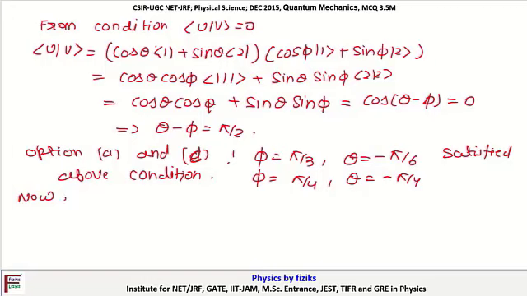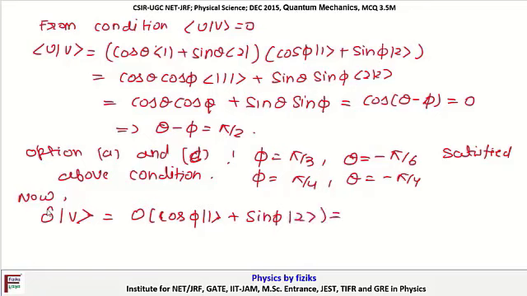Now the expectation value: O operating on v equals O times cos phi state 1 plus sin phi state 2, which equals cos phi |1> plus 2 sin phi |2>.